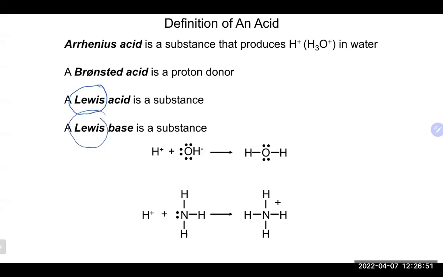When we think about Lewis, we think about Lewis structures. Lewis structures involve what type of things? Electrons. So the definition of an acid and base here, our Lewis acid and base, does involve electrons. A Lewis acid is something that will accept a pair of electrons, while a Lewis base is something that will donate a pair of electrons.